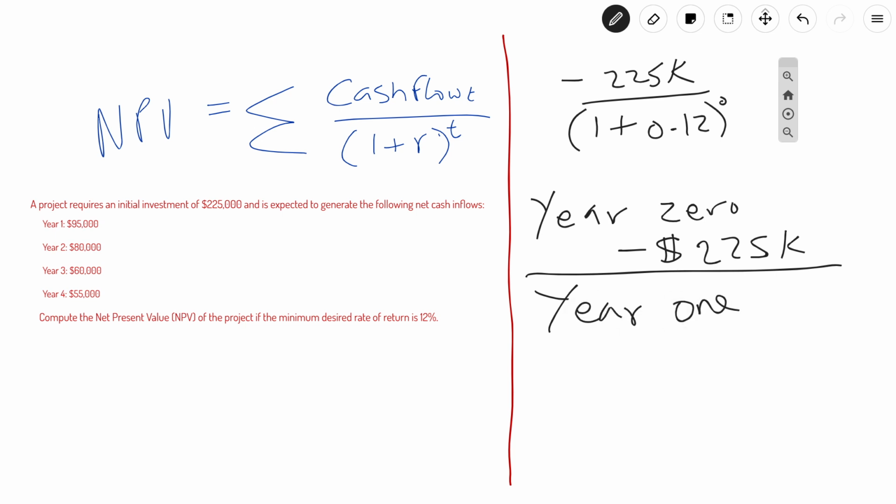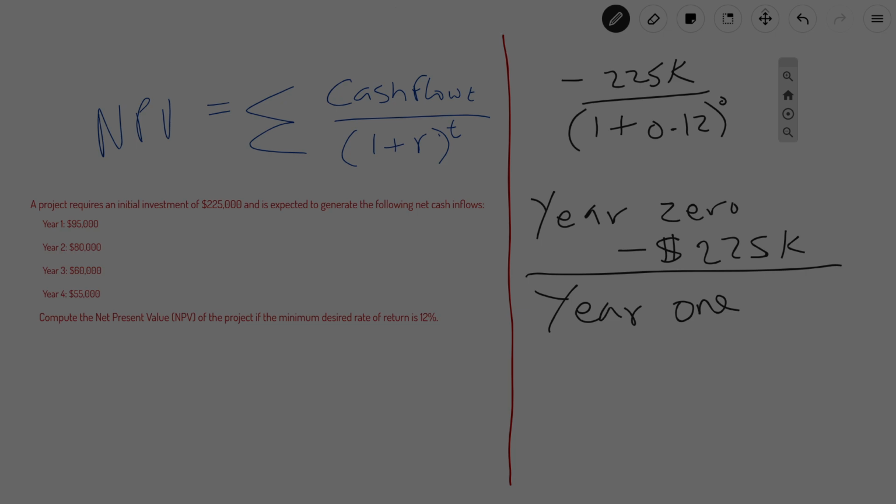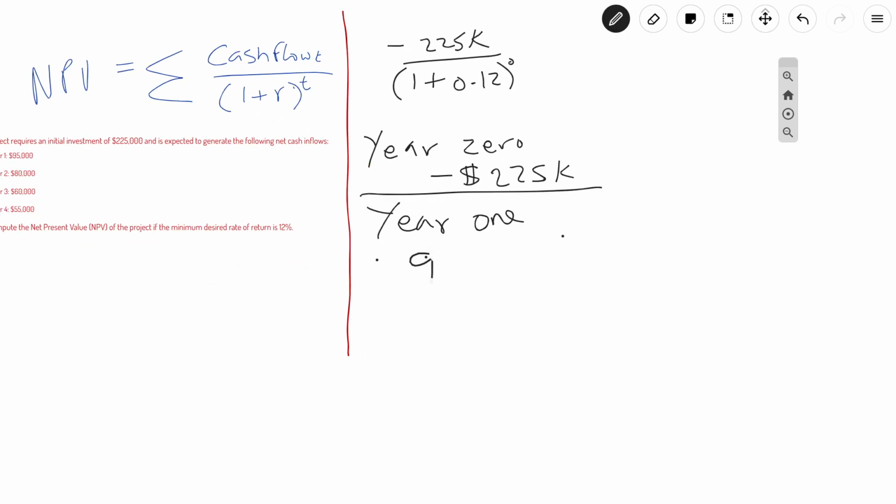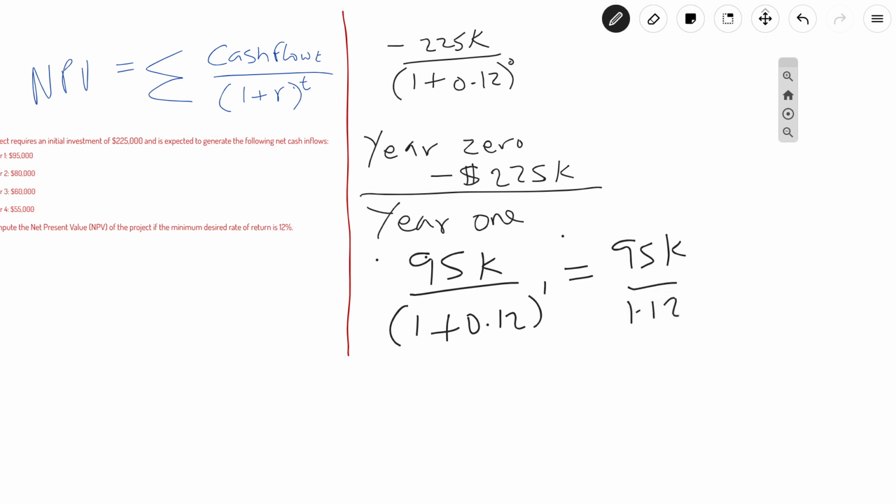Then we have year 1. And again, this is where your calculator will come in handy. You absolutely need a calculator to be able to pull this off sensibly. But let's go ahead and take a shortcut. In the interest of time, I would suggest that you use your calculator to follow through. Year 1 will be 95,000 divided by 1 plus 0.12 to the power of 1. And when you do the math, that will give you 95,000 divided by 1.12, because anything raised to the power of 1 is that thing.